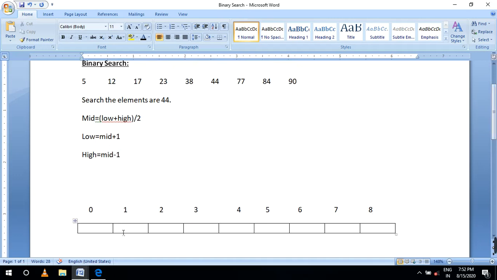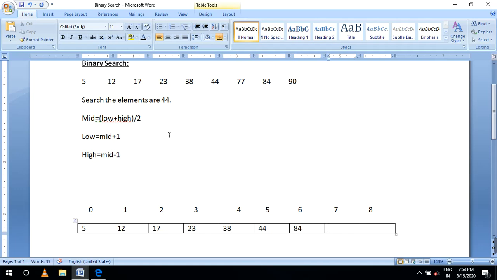So what are the values I am giving? Now I am searching for the mid values first. What are all the mid values I am searching? I am searching mid values 17, 23, 38, 44, 84.